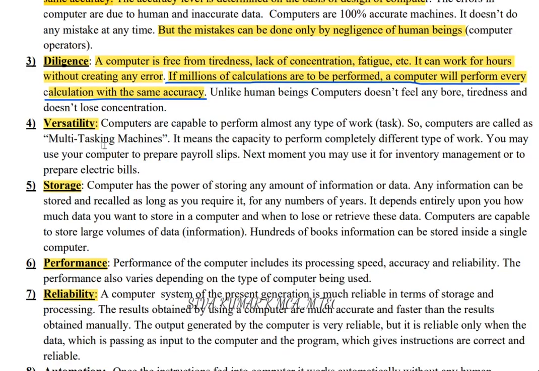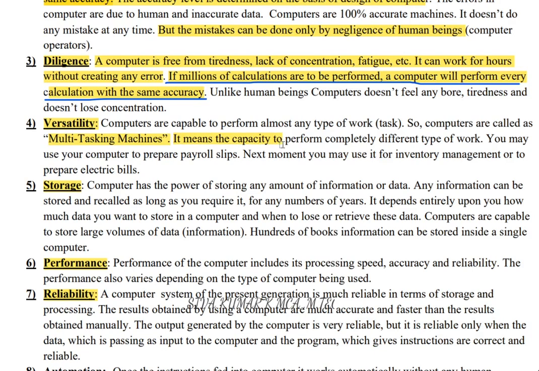Versatility. What is versatility? A multitasking machine. A computer is a multitasking machine. Your calculator will do only calculations, nothing else. But a computer is not like that. A computer has a calculator, video, browser, downloads, documents, reports, presentations, everything.